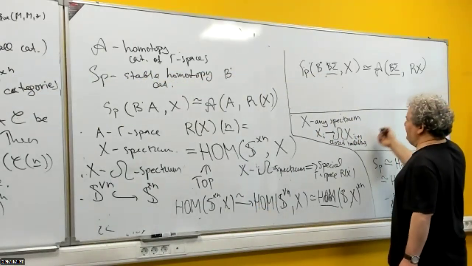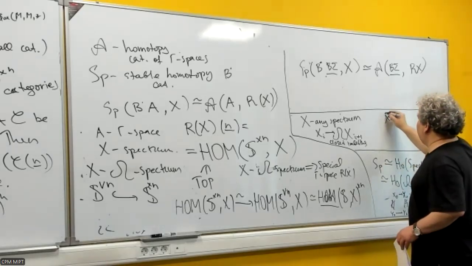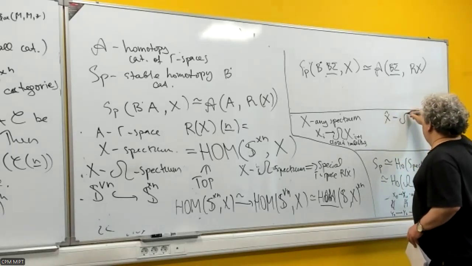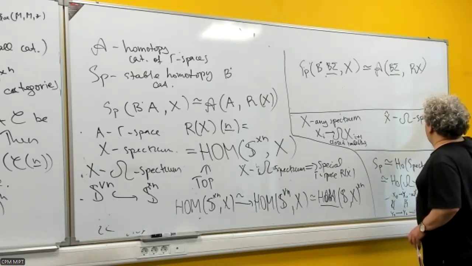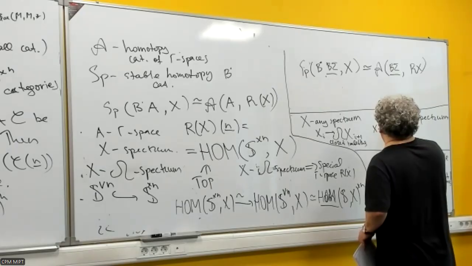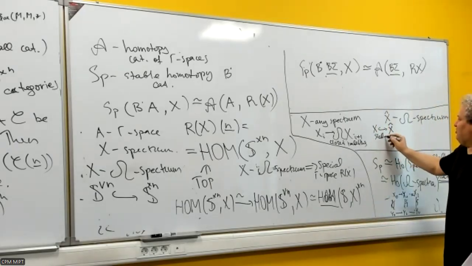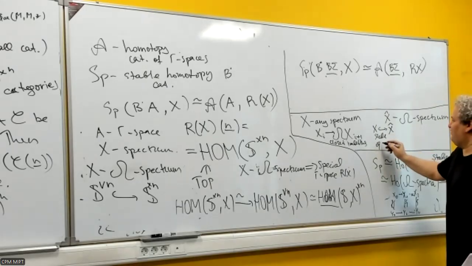Then it follows that we have a canonical omega spectrum X prime, with an embedding of X to X prime, and this is a stable equivalence.